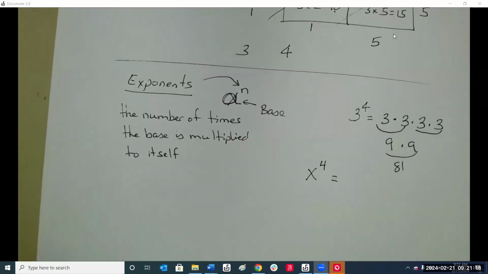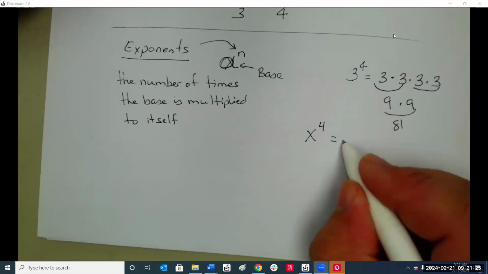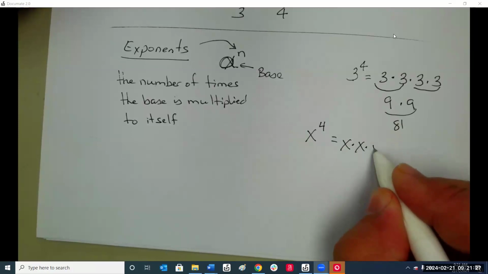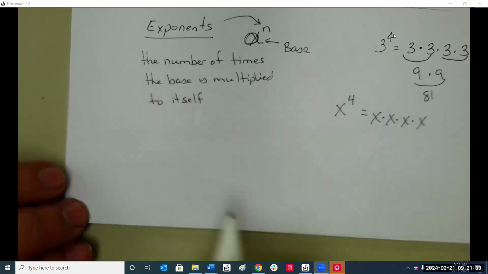How would you write that? X times X times X times X. It doesn't matter what the exponent is.